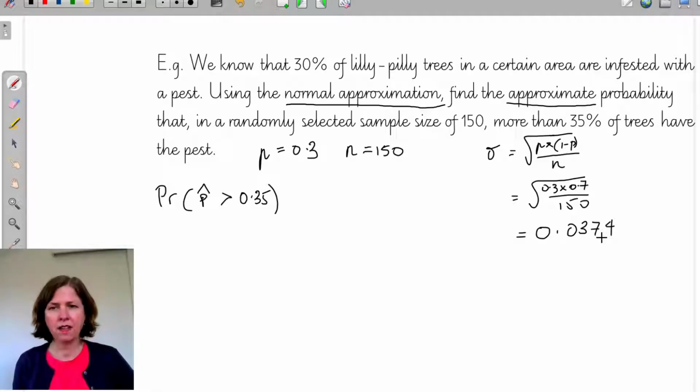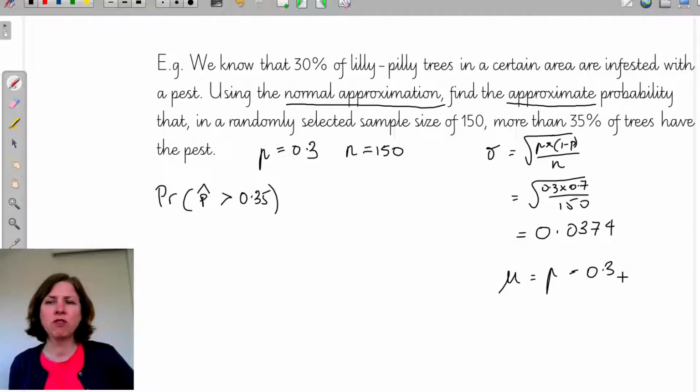I also need to note that mu is going to equal p, so that is going to be 0.3. So my mean is 0.3 and my standard deviation is 0.0374, and I'm using p hat as approximately normal.